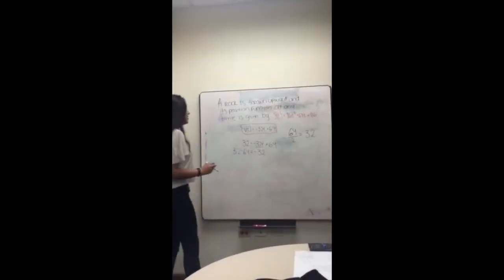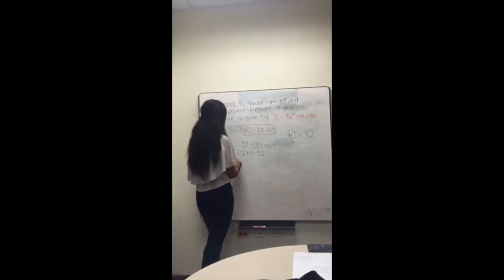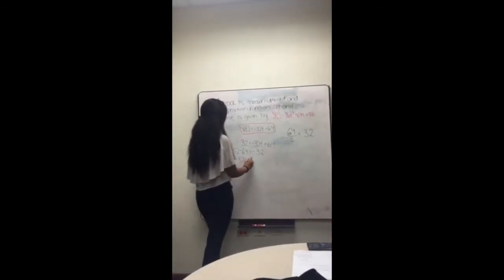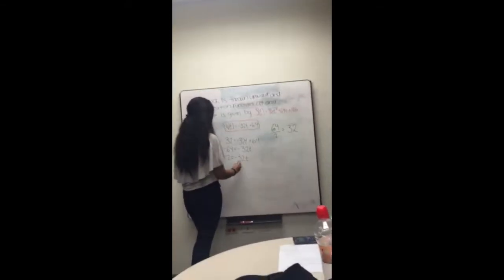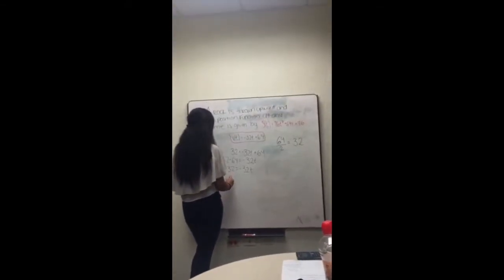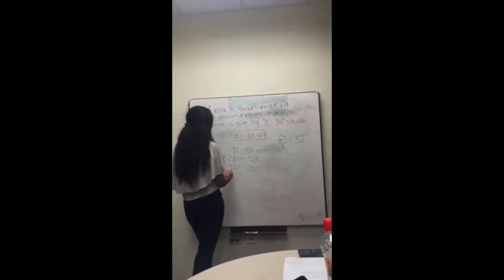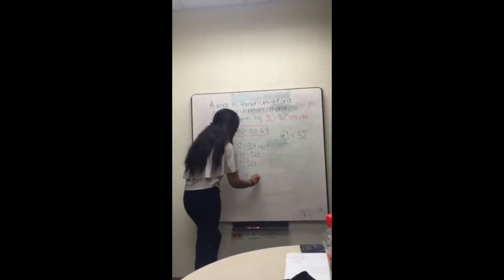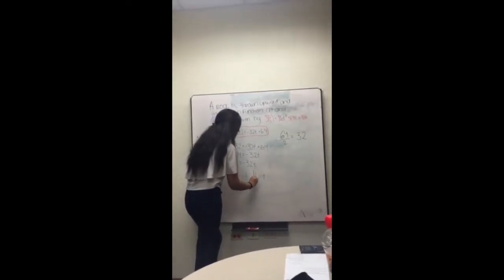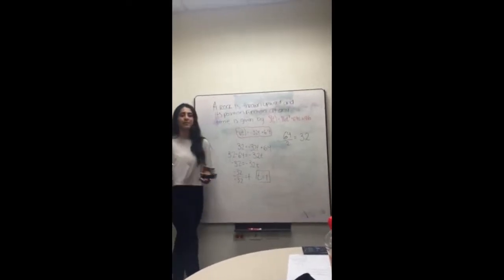Then 64 minus 32 is minus 32. Then the minus 32 passes dividing. And the answer is that t is equal to 1.